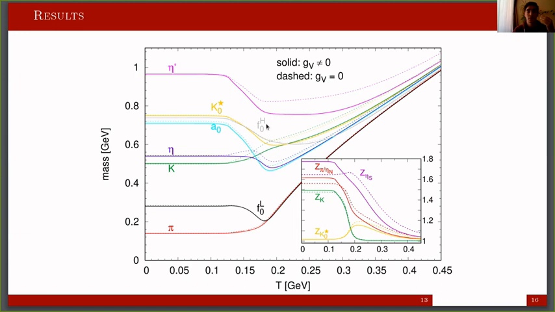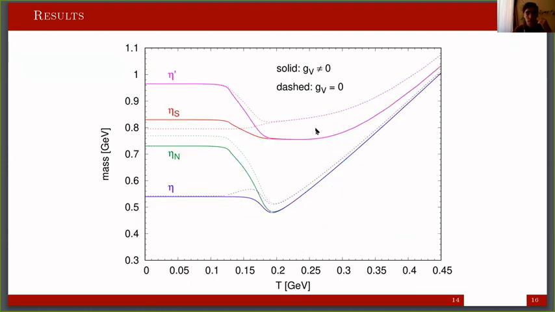But after the symmetry restoration, they become purely strange and non-strange. After this non-strange fields restoration, I mean degeneration, the mixed kaon-like fields become degenerate, and the latest fields that become degenerate are the purely strange eta prime and f0 high.